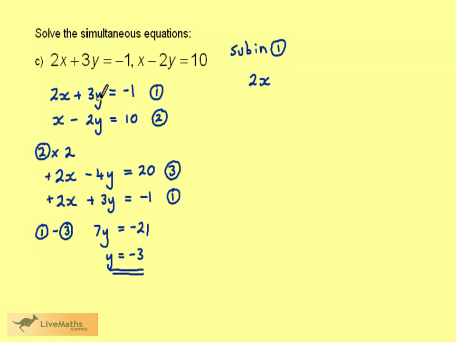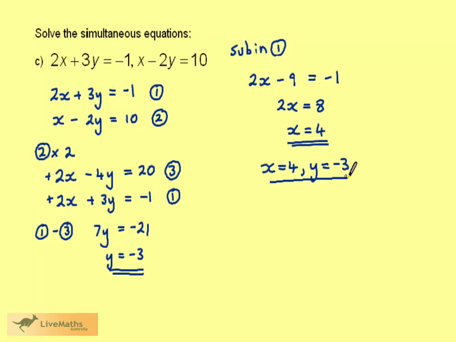If y is minus 3, plus 3y becomes minus 9. This is equal to minus 1. Add 9 to both sides gives 2x is equal to 8. Divide both sides by 2, and I get x is equal to 4. So my final solution is x is 4, and y is minus 3.